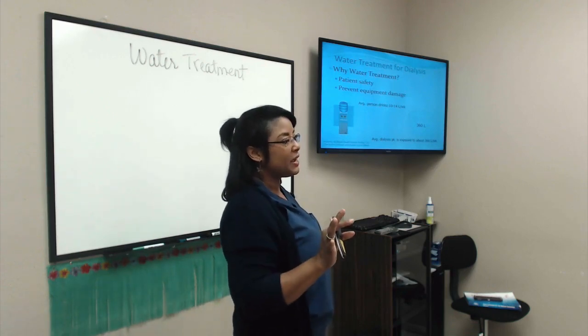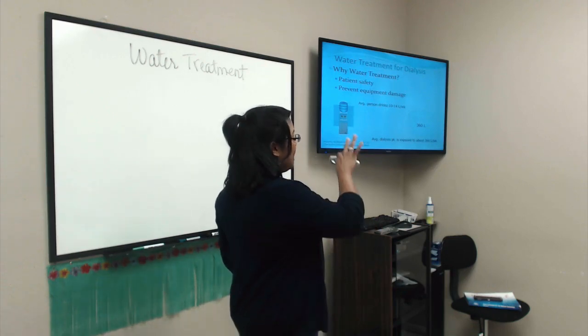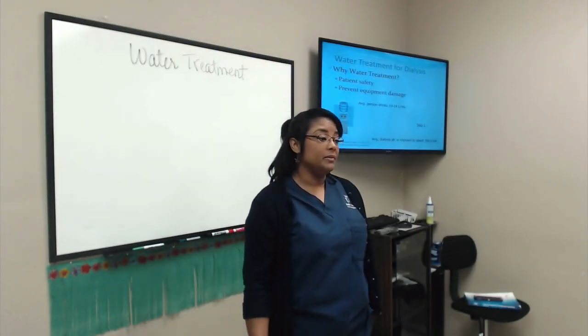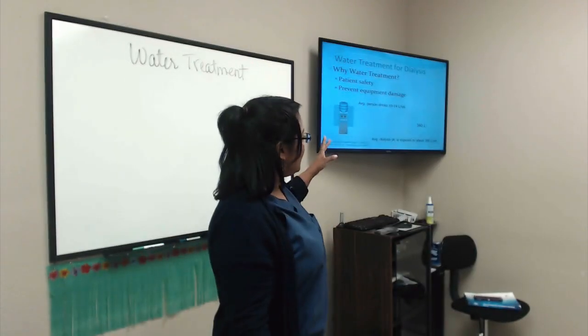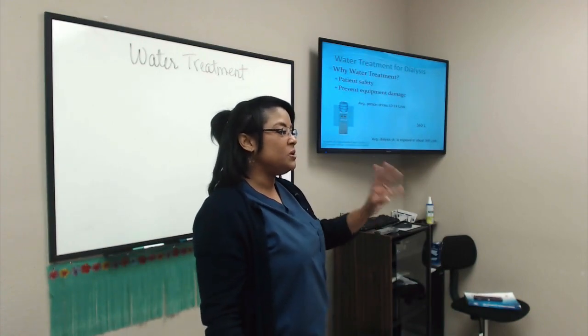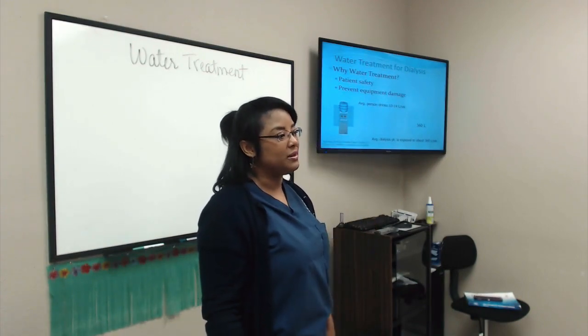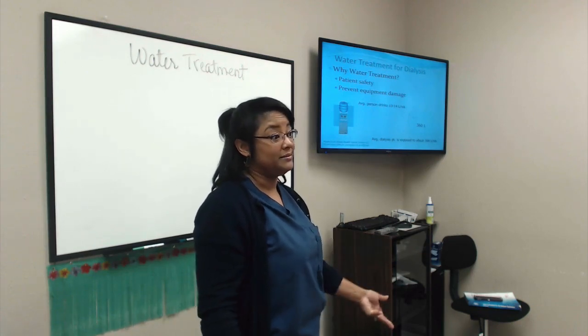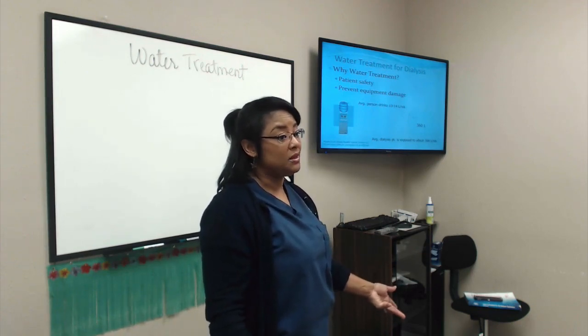It also depends on how big the center is, but the average is 360 liters a week. And you know what? Of the water that comes in, we only use about 10%. The rest goes back down the drain. So that is incredible when you think about it.